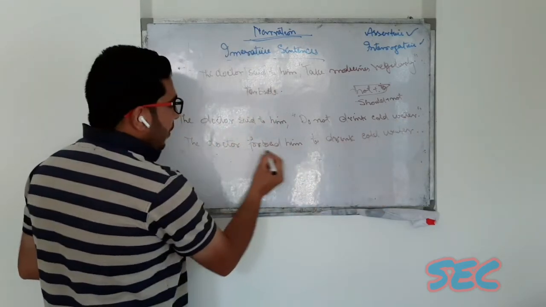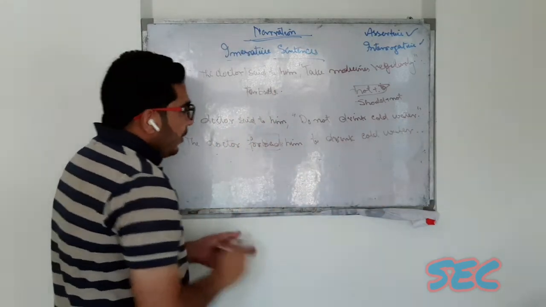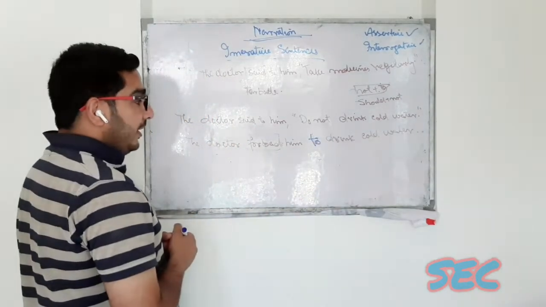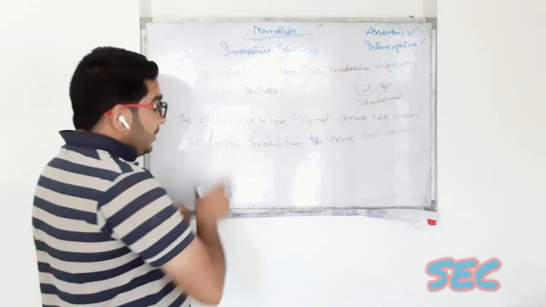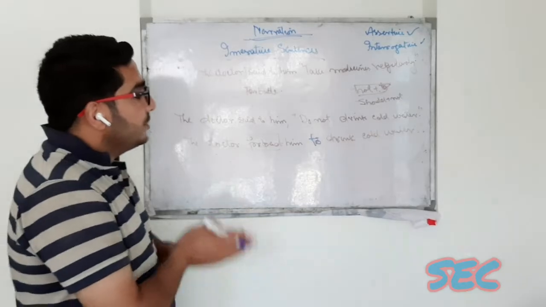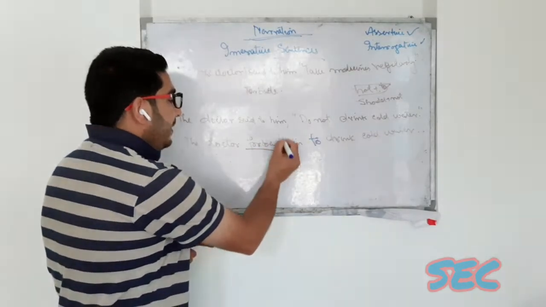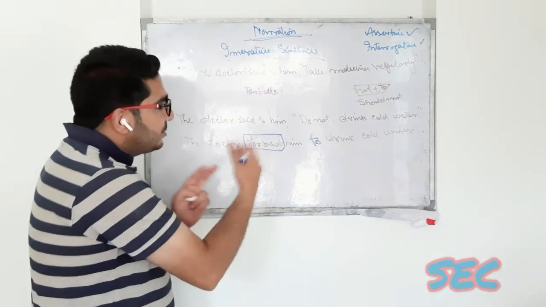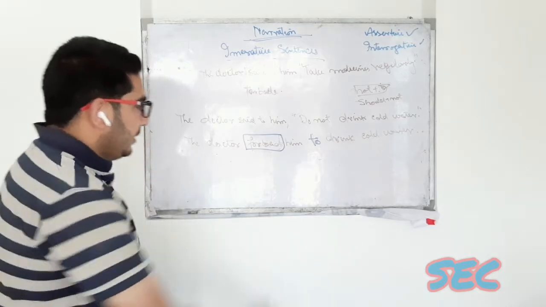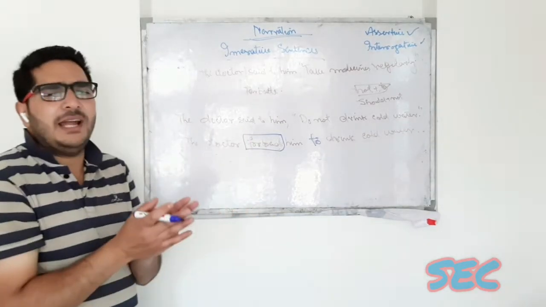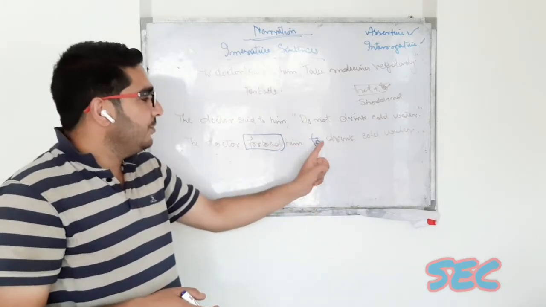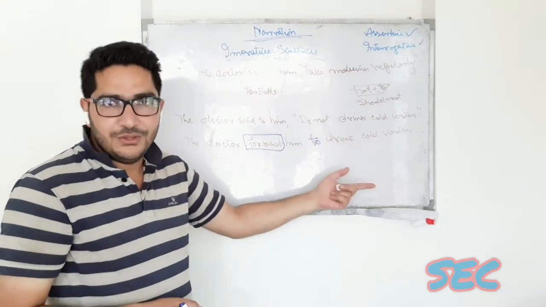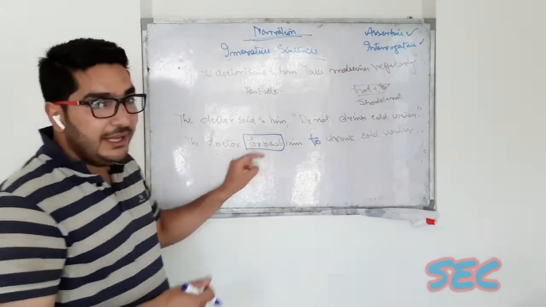So when we write forbade, we don't have to make it negative here. We don't write 'the doctor forbade him not to drink cold water'. No. We have to write 'the doctor forbade him to drink cold water', because forbade is already negative. He is stopping him from drinking cold water. Whenever we write forbade to change a negative, we don't have to write not plus to, or should plus not, because we have already written forbade here.